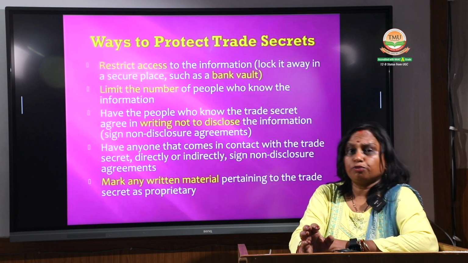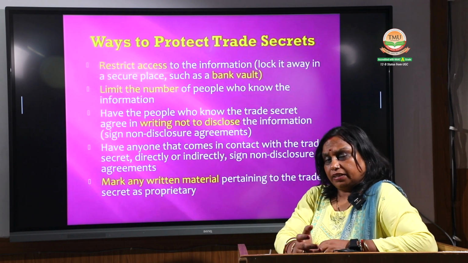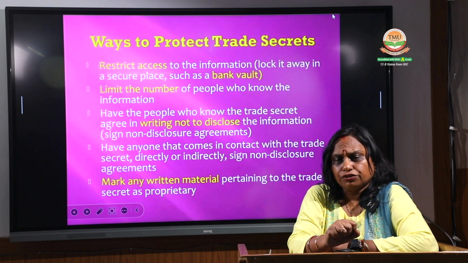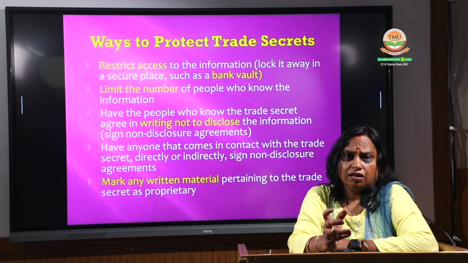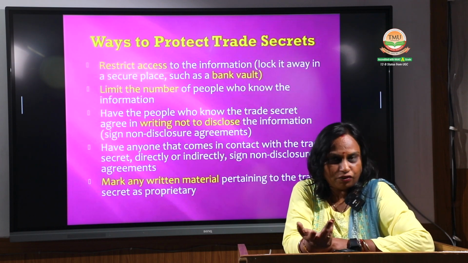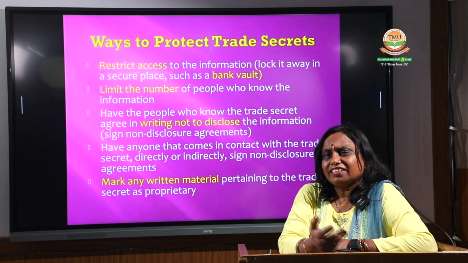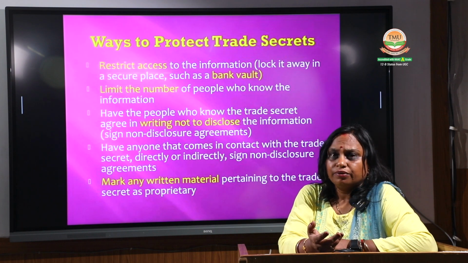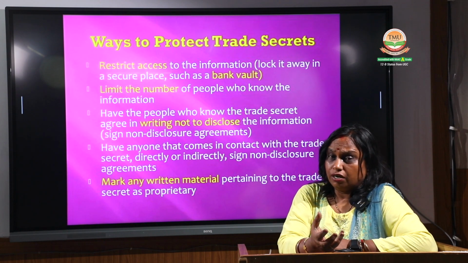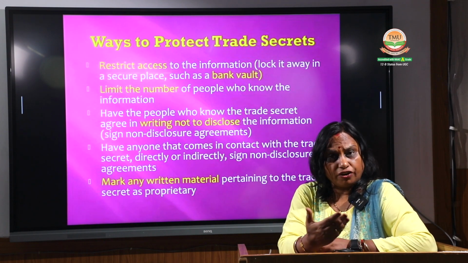So this can also be a trade secret. If you go to a bank and ask them to give 10 names of customers along with their contact numbers and information, will they disclose that? No, because they don't want to lose their customers, and whoever is a customer, they want to retain those customers for a longer period.